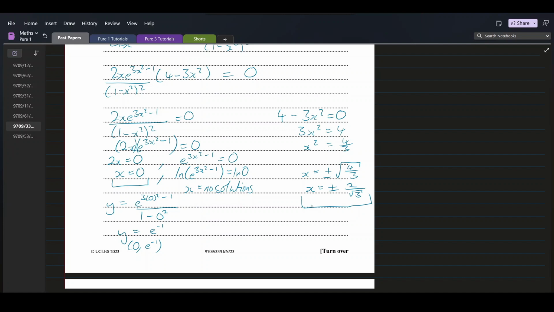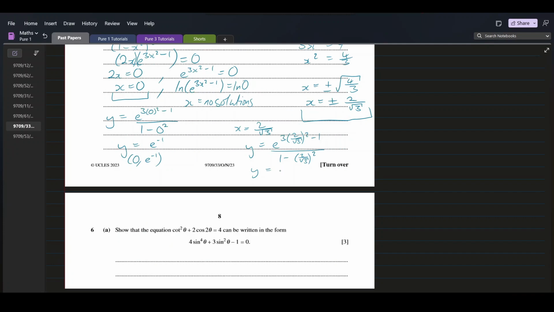And now let's evaluate when x is 2 over root 3. So at x is equal to 2 over root 3, this would be y is equal to e^(3 times (2 over root 3)² - 1), and this is all over 1 - (2 over root 3)².